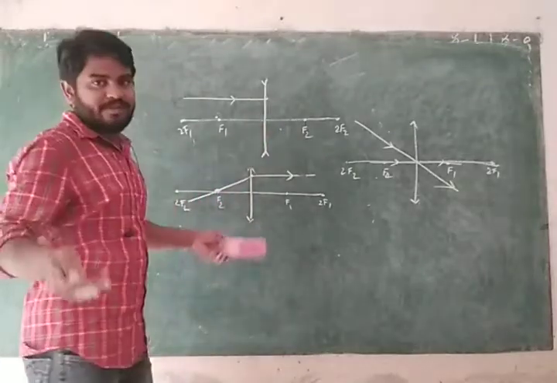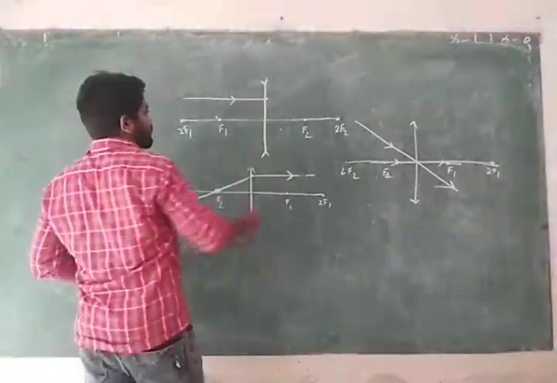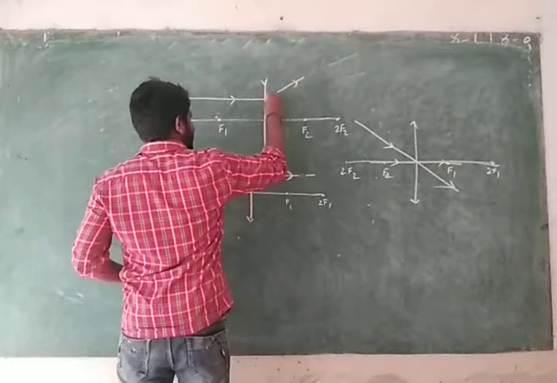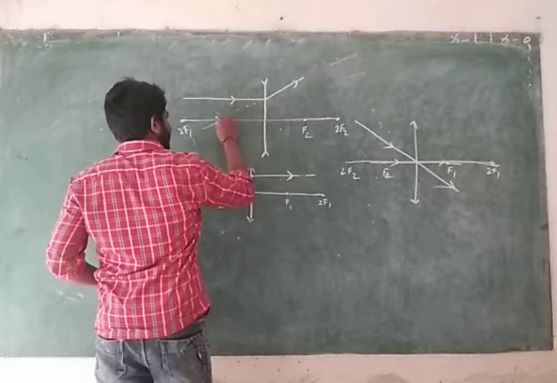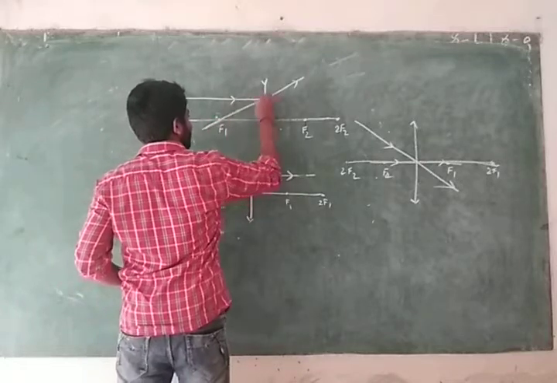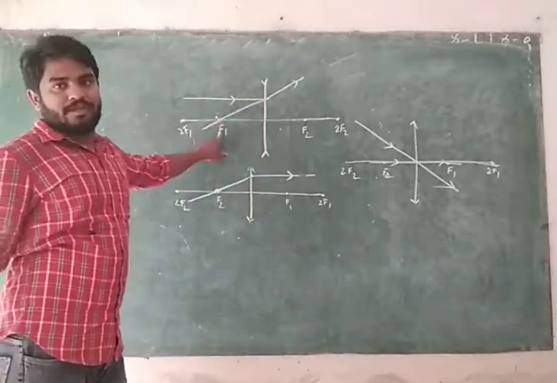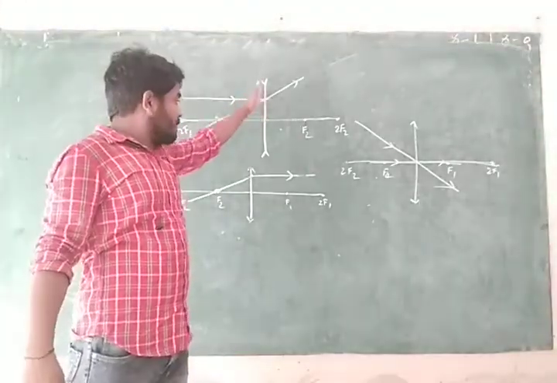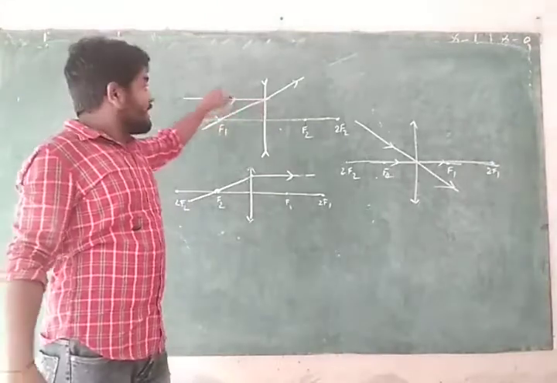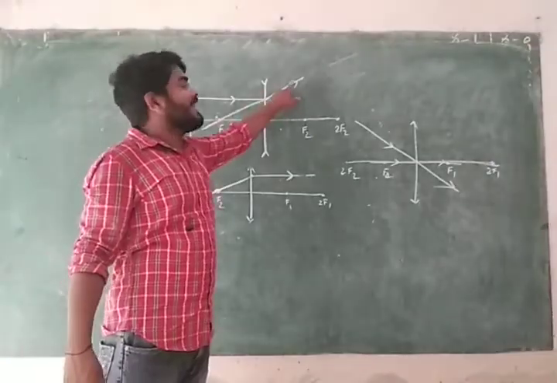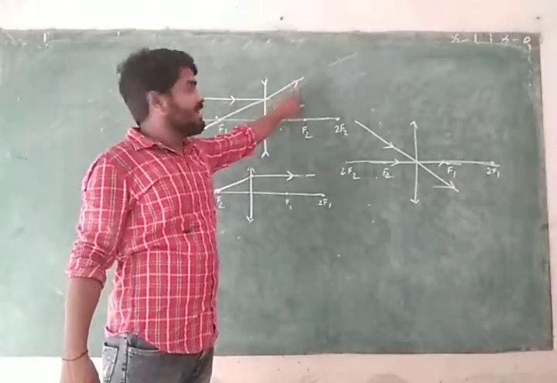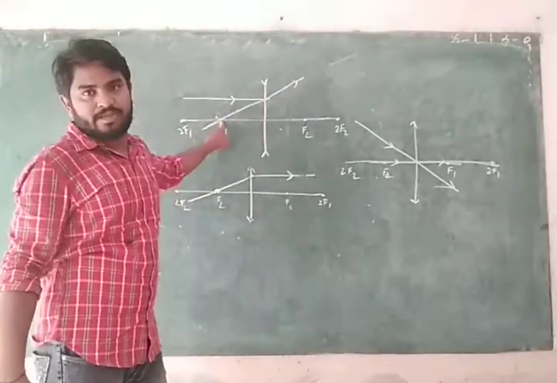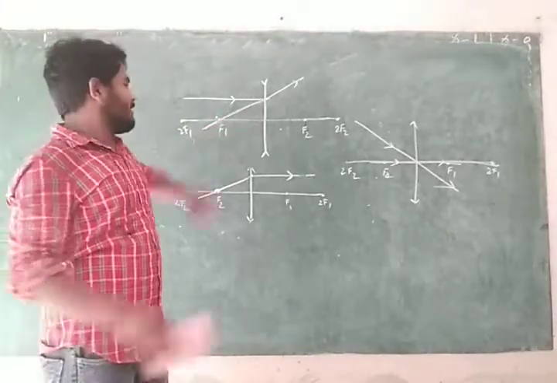It will diverge, right? You know already. So it will diverge in such a manner that if we extend it back, it appears like coming from the focal point. Clear? After refraction through the biconcave lens, this light ray diverges in such a way that it behaves like it is coming from the focal point. Clear? This is the first light ray.